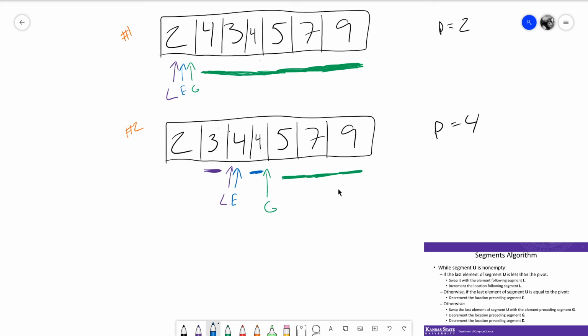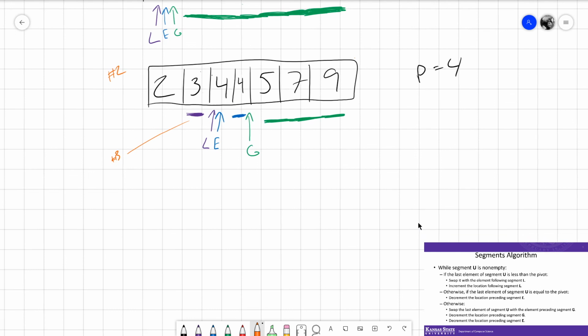Now, we will still call quicksort on 3 because it is a segment, but since it only has one element, quicksort won't actually go into the iteration. It's just going to say the segment's only one element long, so there's no point in trying to sort it because it's already in sorted order. So that would be number 3, our less than segment there.